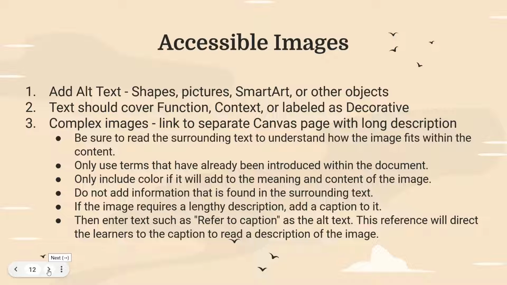Complex images can be done in Canvas multiple ways. You can use a very long description by doing it either under the image, or you can include a link to a page that is not actually posted anywhere else in the course, but it is linked within the alt text so that it can take the student to that very descriptive long description.